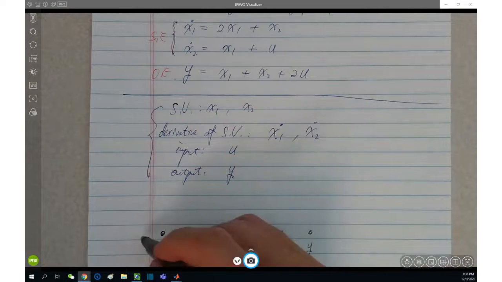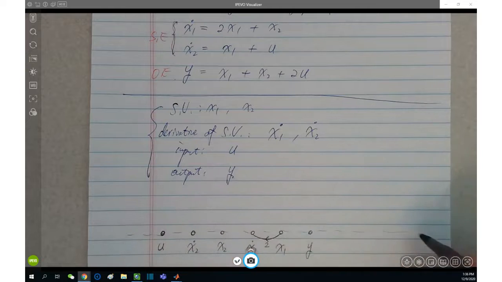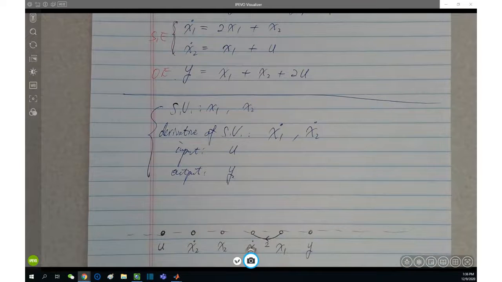If you consider this as a horizontal line, then this going-backward operation goes below it. Give a curve, and label the coefficient as the weight. This means 2 times x1 is contributing to the x1 dot.